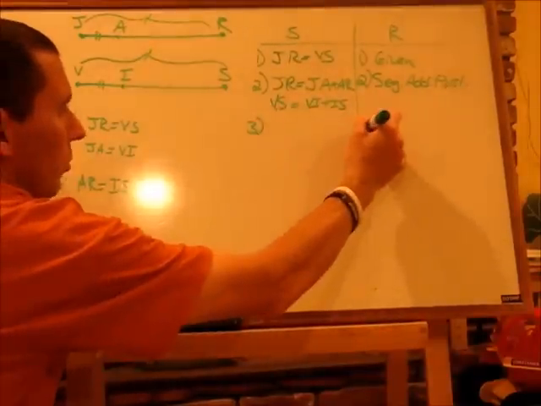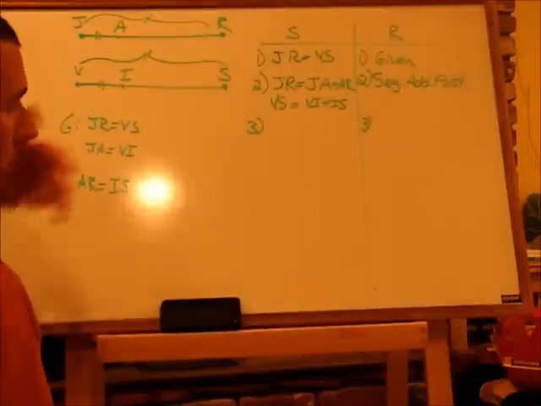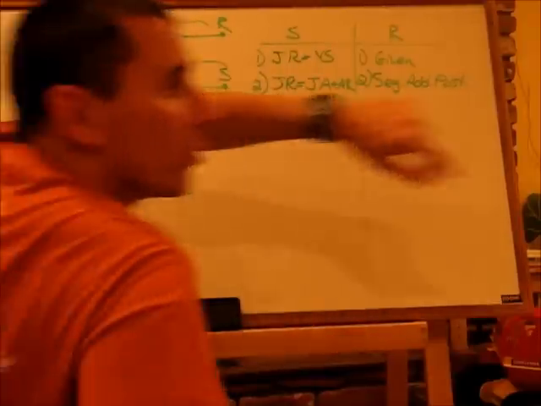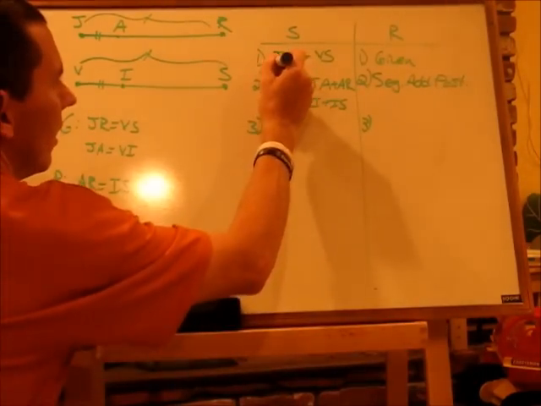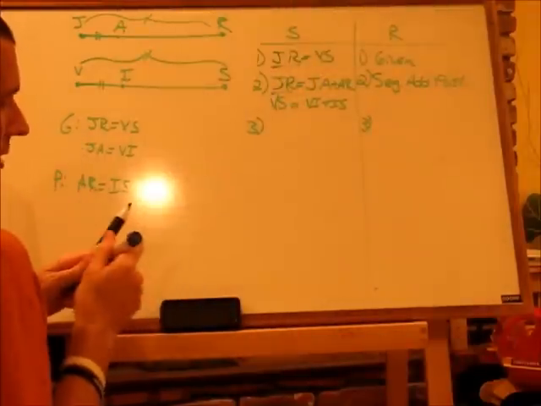Now again, why did I put that first statement down? I want to put something down if I'm going to use it or do something to it. What can I do with these two lines? And again, maybe grab another color up here. But if we notice here, those two are the same, right? I can substitute JA plus AR in its place.